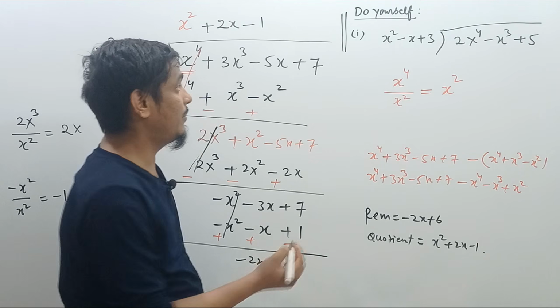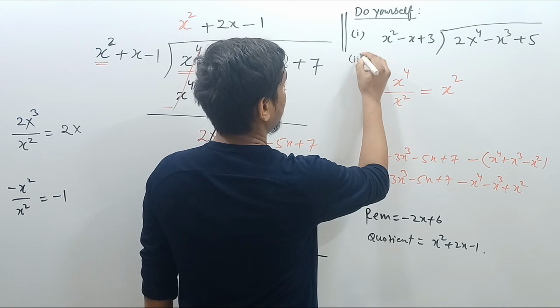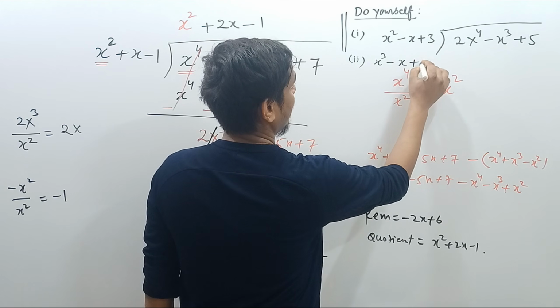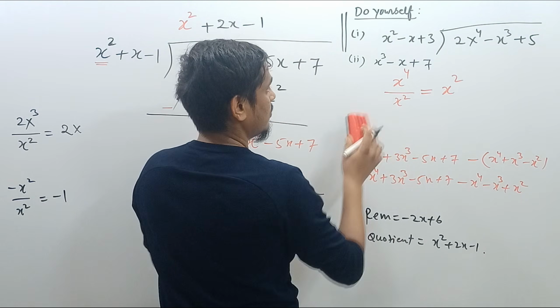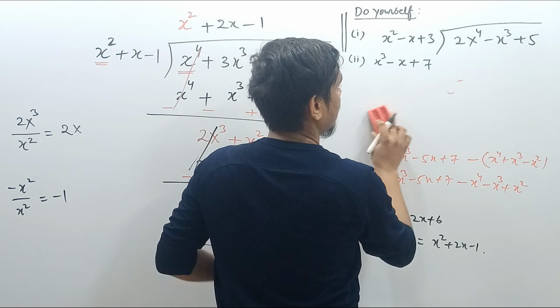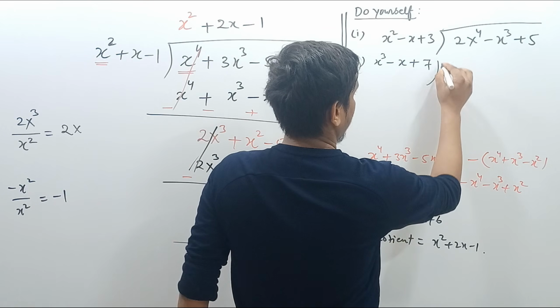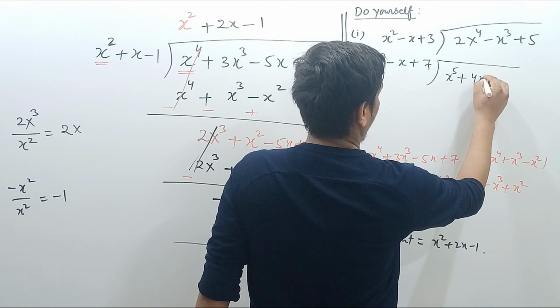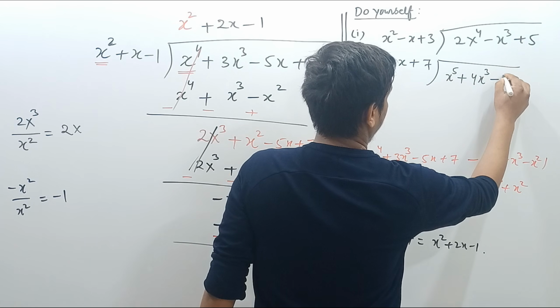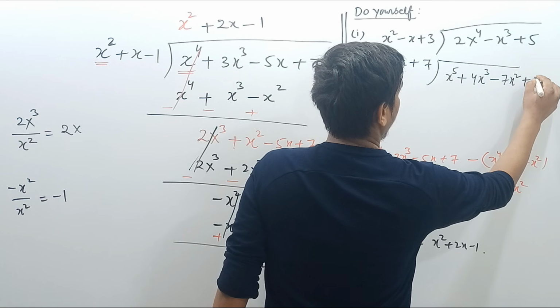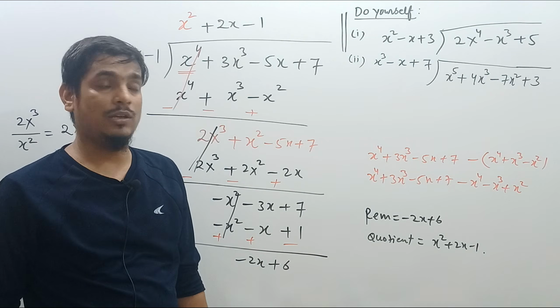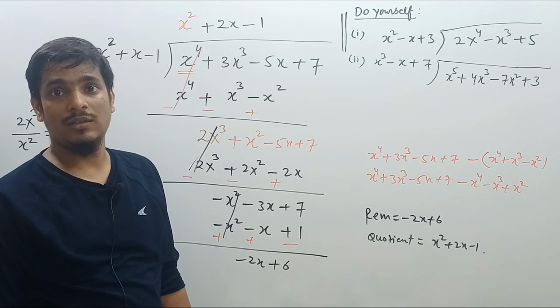Take the second example: when x cube minus x plus 7 divides x to the power 5 plus 4x cube minus 7x square plus 3, we need to find the quotient as well as the remainder.